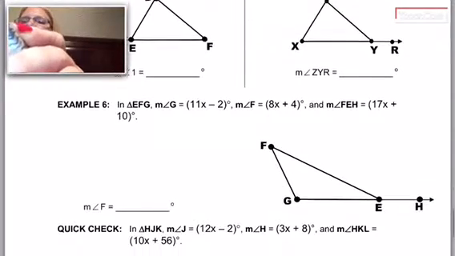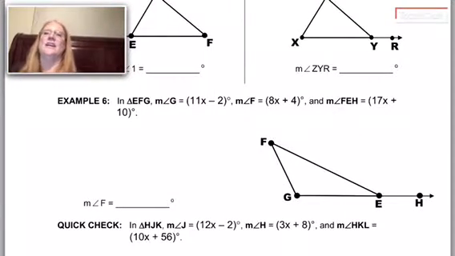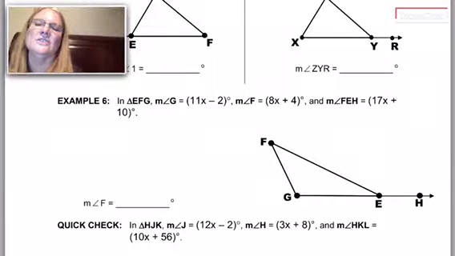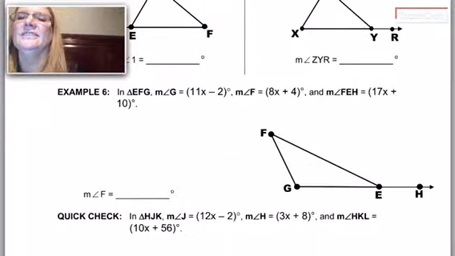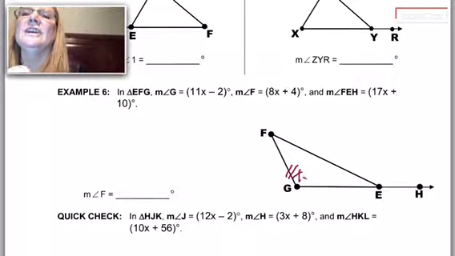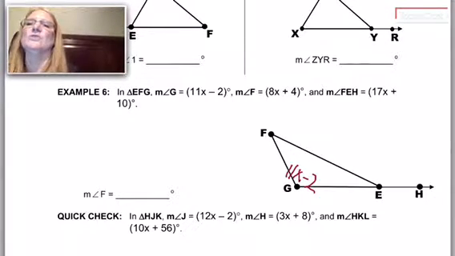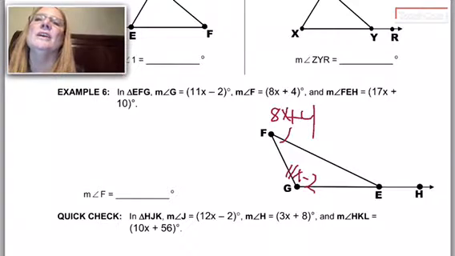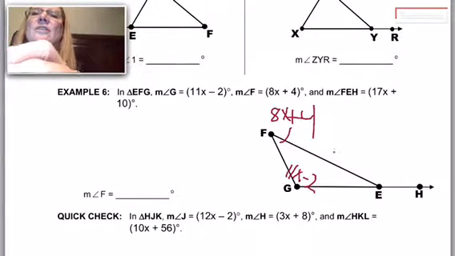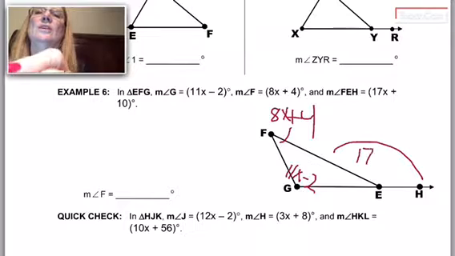Scroll down to number 6, and it shows us a triangle, and we see an exterior angle that's created, and then they give us some measurements. So G is 11x minus 2, that is the measure of angle G. Try my best to write neatly on here, but it's hard. The measure of angle F is 8x plus 4, and then the measure of angle FEH, that's this angle, is 17x plus 10.